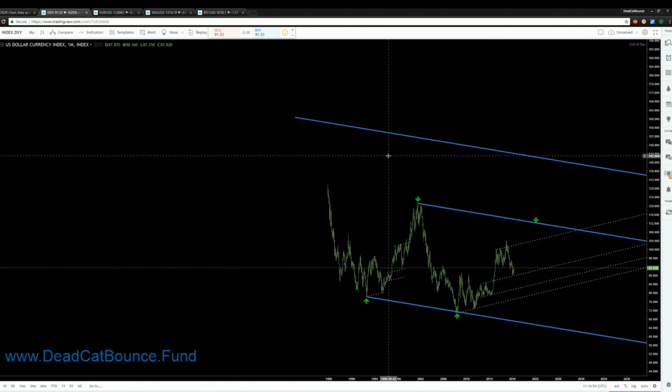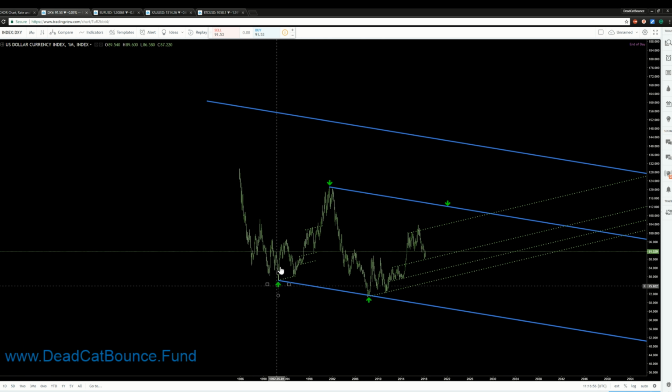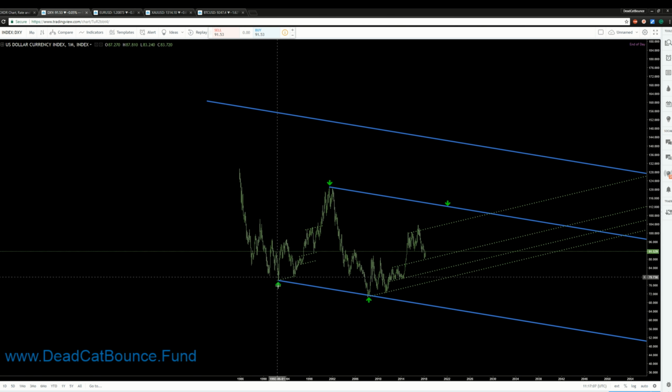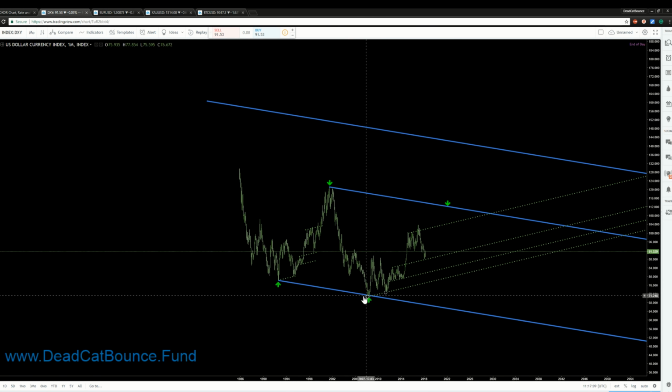I need that chart. So what we have is that in 1992 there was a very similar action to what happened in 2008. You had a series of bottoms, then the ultimate bottom, and you have a rally that goes next to the previous top.